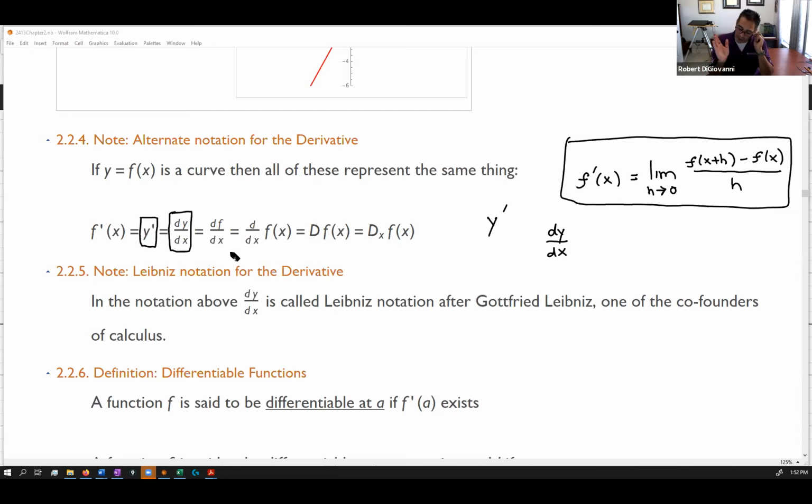I've actually heard recently that people are thinking that Leibniz may have copied Newton, but we're not getting into that. Leibniz used a different notation. You have to imagine if they were making calculus up out of nothing, then they're going to have different notations, because there was no established notation for anything. So they had different notations, and this dy dx is Leibniz's notation that he used, all right?